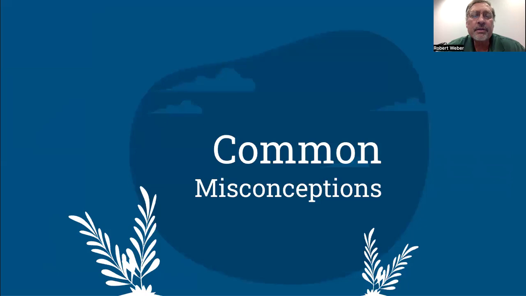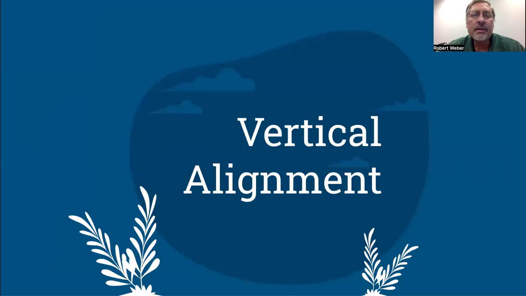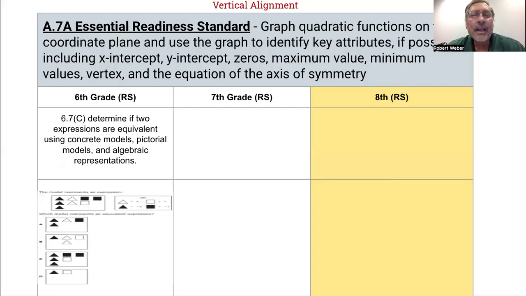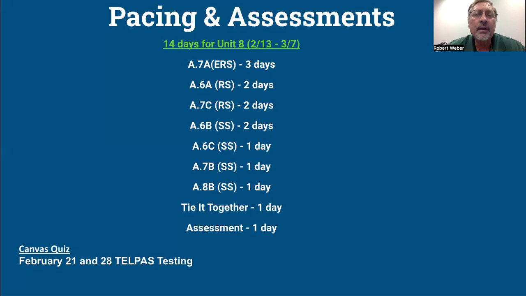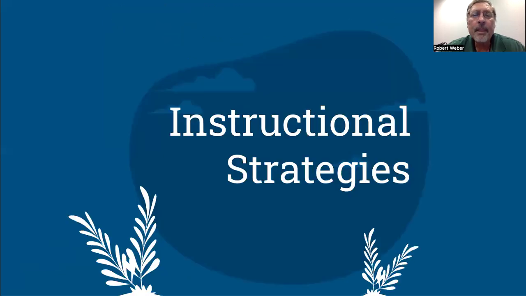Vocabulary that goes into this unit, some of the common misconceptions from your students, not a lot of vertical alignment, just from the simple standpoint that sixth and seventh grade don't do things with quadratics. However, there is modeling. That is a vertical articulation that goes into this. 14 days on the unit, and that does include your TELPAS testing, which is coming up during this quarter.